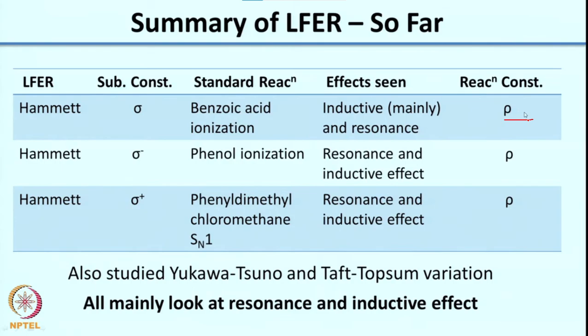Then we discussed sigma minus, where it was stabilizing the phenol, showing both resonance and inductive effect, and the reaction constant was rho only. Then we discussed sigma plus also, taking the example of phenyl dimethyl chloromethane, and we discussed that the reaction was going through the SN1 mechanism.